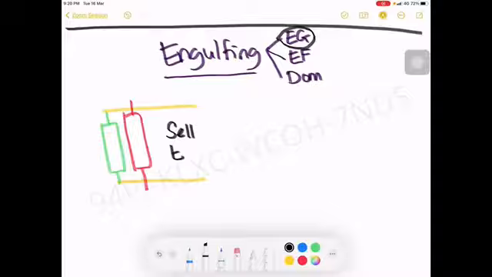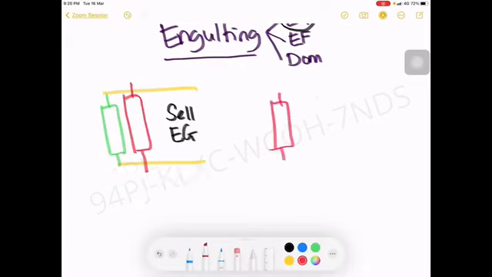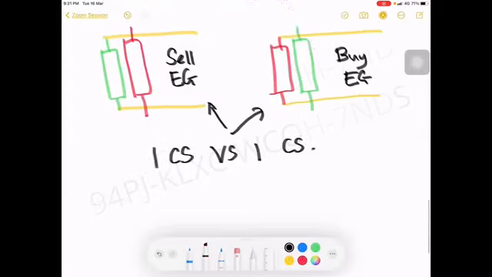So it means that when the price comes to that zone, we are going to look. It's going to look like this.